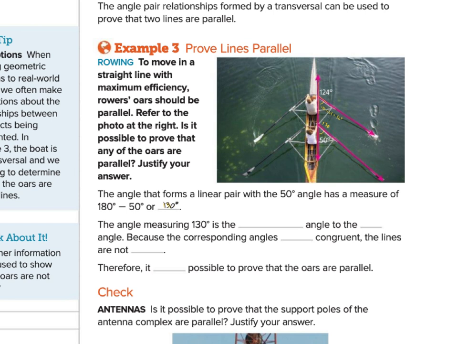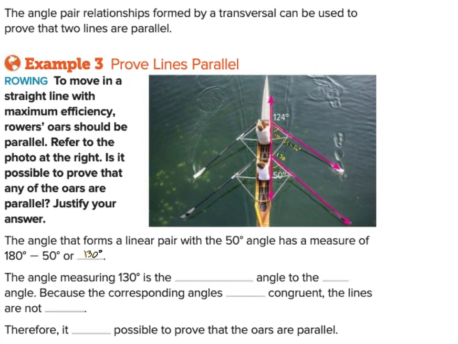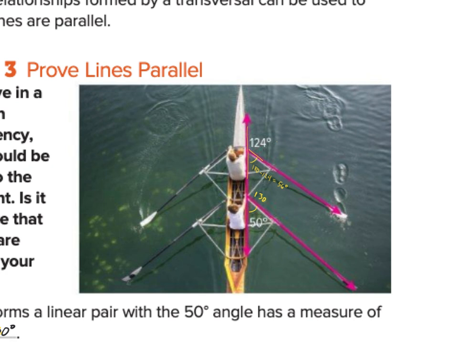The angle measure, 130 degrees, is the corresponding angle to the top angle. But it is not possible to prove, either way you look at this. This is not the same as this linear pair, so the corresponding angles don't match, are not congruent.